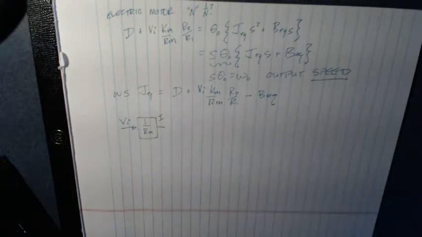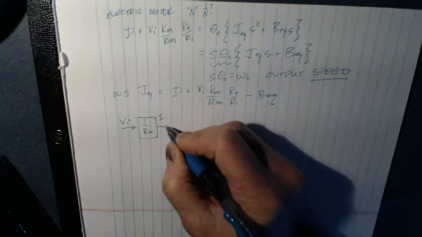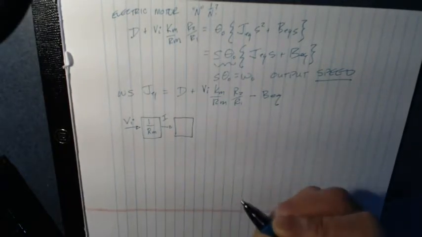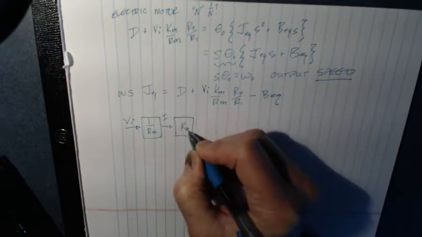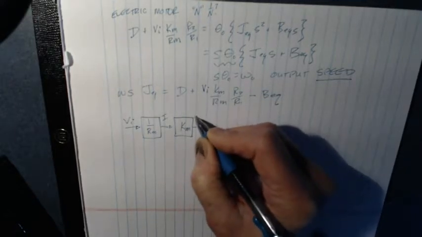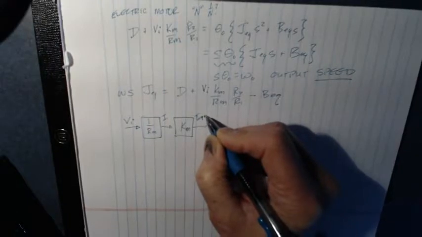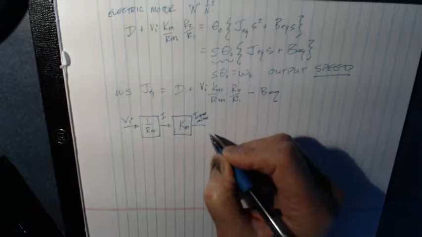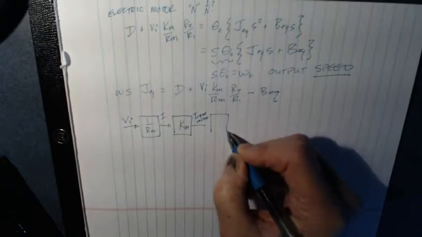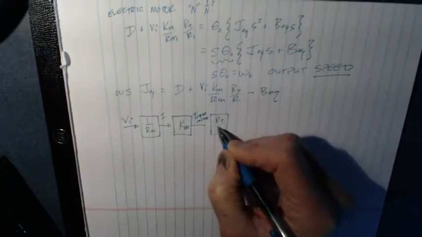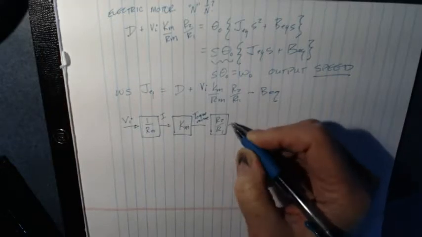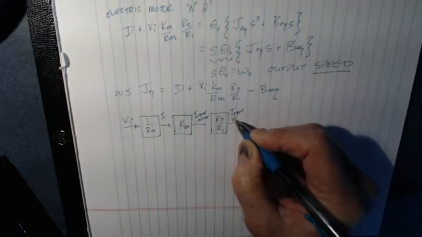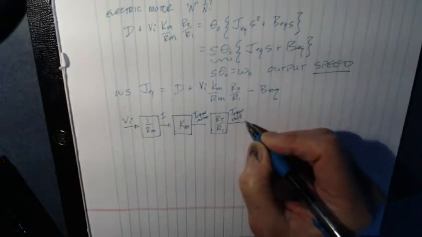And I'm going to just write down the variables that I expect to see in between each of these blocks. So then I'm also going to have the motor torque constant Km. And that gives me whatever torque I have at the motor. I'll write that in. And then I'm going to do the gear ratio, R2 over R1, and this gives me the torque at the output shaft, right?